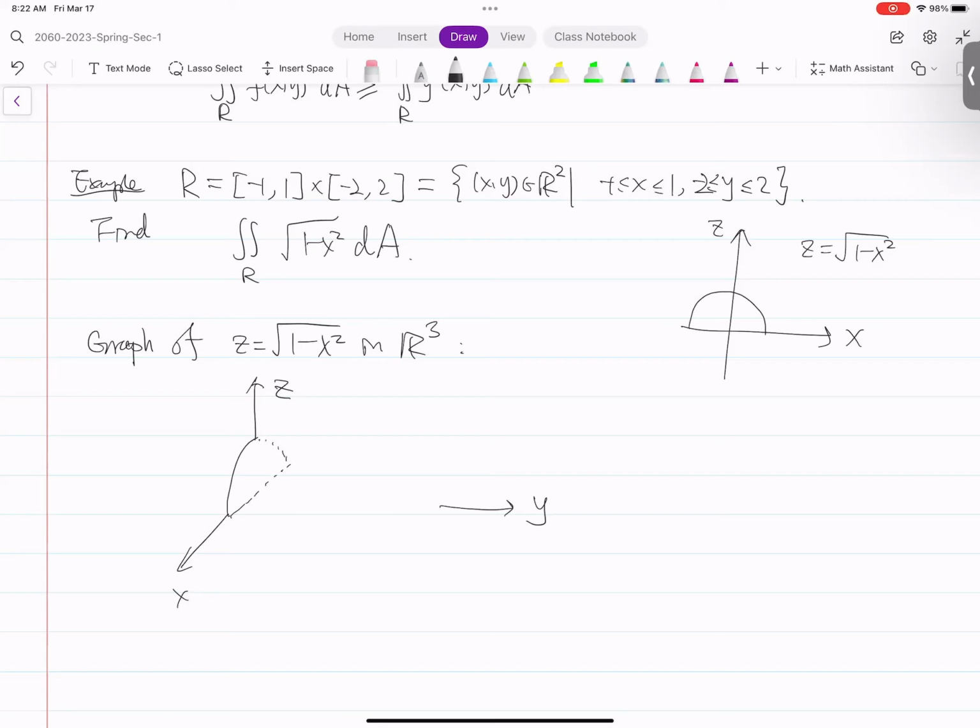And whatever the y value, the shape is always going to be the same. If the maximum value is 2, and y equals 2, let's say it's here, then it's still the same thing. And if y is negative, it's negative 2.